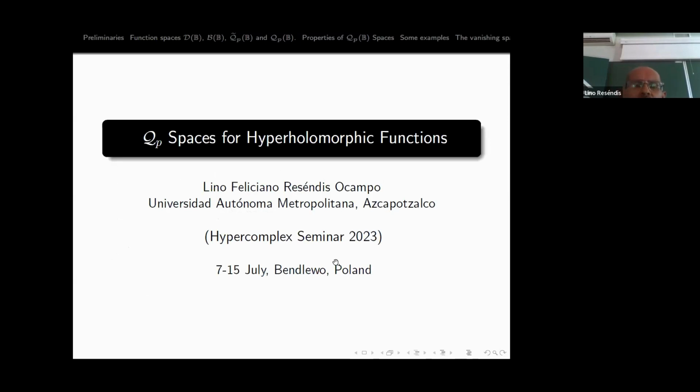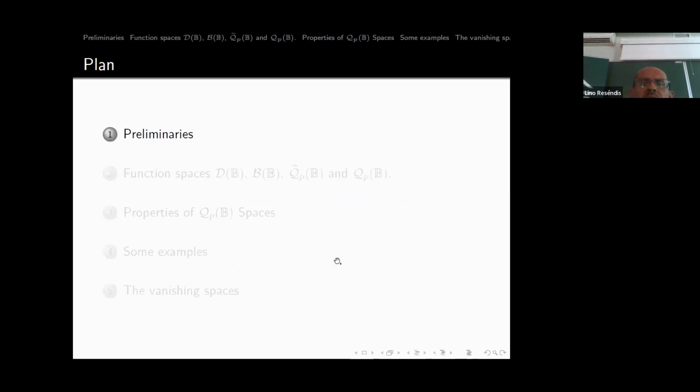Okay, the title of the talk for today is Qp-spaces for hyperholomorphic functions in R4. This is the plan for the talk. First, I will give some preliminaries. Then the second point is to introduce different kinds of hyperholomorphic function spaces, like the Dirichlet space, the Bloch space, and the Qp-spaces.